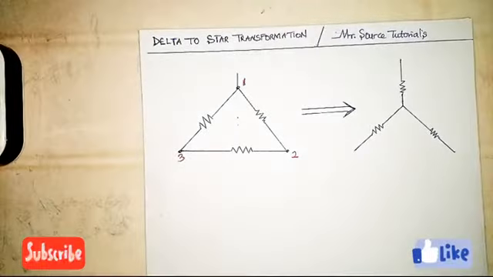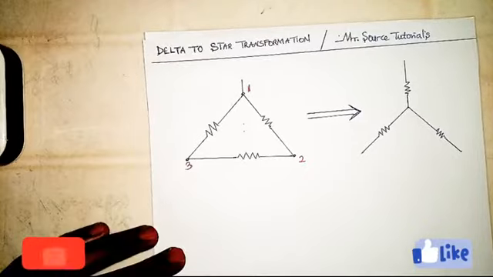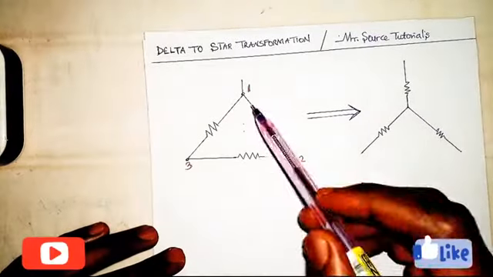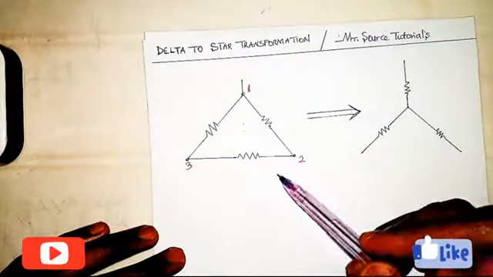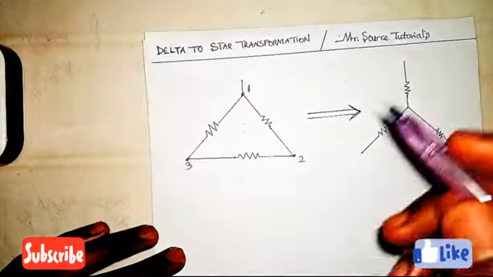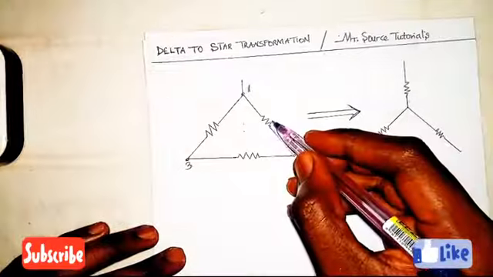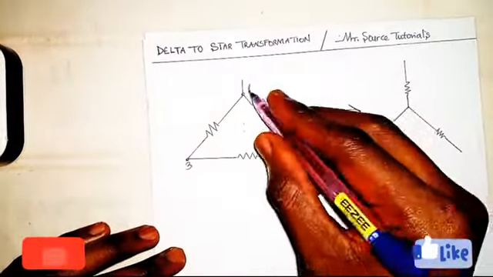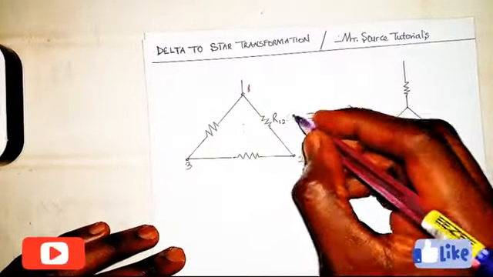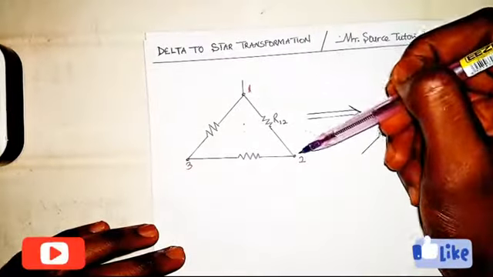Now, this circuit is flowing in a clockwise direction, as we always say. That is to say, we will follow it like this. It means that this resistor here is going to be resistor R12, that is R from 1 to 2.